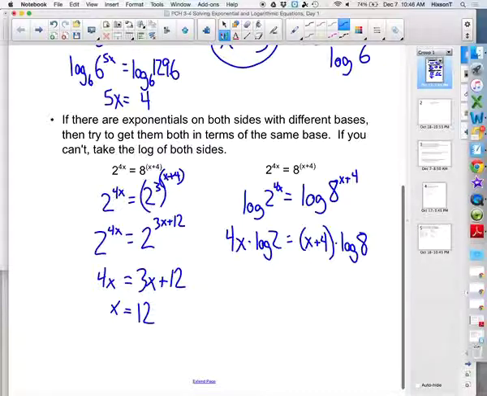So, now that I have that, this is a simple linear equation. I've got to punch some stuff into my calculator, but it's not hard to handle. And in fact, I could go ahead and, if I divide both sides by log of 8, at this point, just to keep this from getting too messy, divide by log of 8.